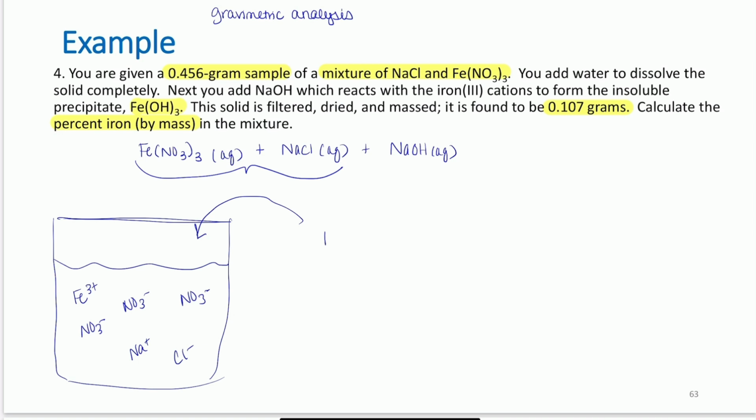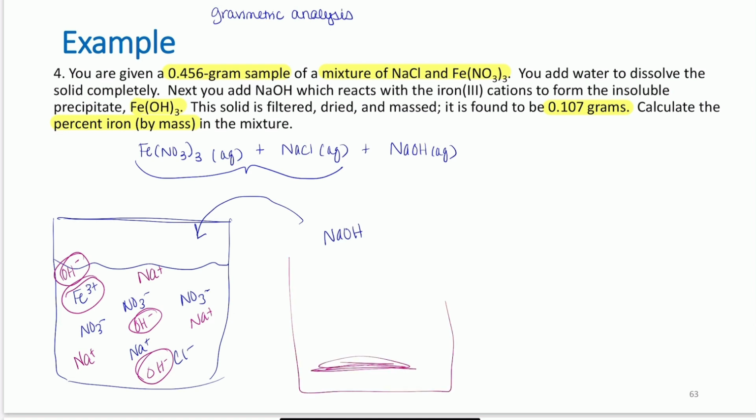To this, I'm going to add NaOH. What that does is it creates more sodium ions in solution and hydroxide ions in solution. And you guys don't know this part yet, but we'll know it soon. Iron 3 hydroxide specifically is insoluble, and so the iron's going to find 3 hydroxides and crash out and form the solid in the bottom of the beaker.